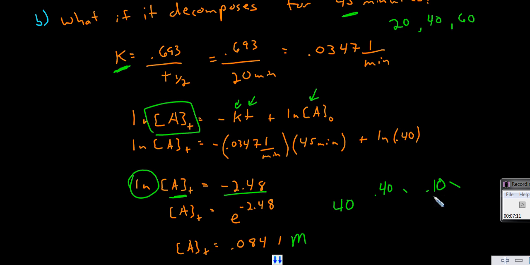You'd be a little bit lower than 0.10 molar. About 0.084 makes sense. Of course, if you'd gone through three half-lives, you would have gone to 0.05, half of that 0.10. And obviously, you shouldn't have gone through another half-life because that would have been at 60 minutes, not 45.